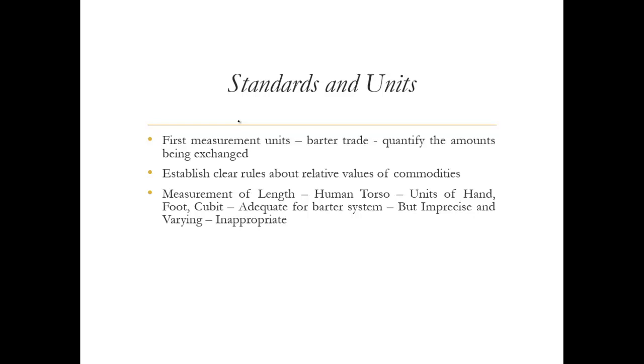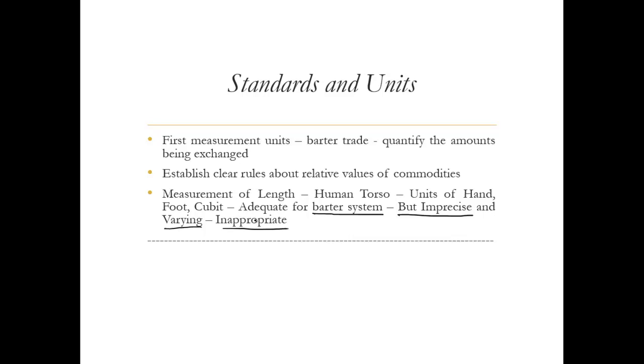This was adequate for the barter system, where it wasn't really important to have a small error. But they were generally imprecise and varied from person to person, and hence were inappropriate for industrial use, where we talk about highly accurate measurements and their impact on large scale production.